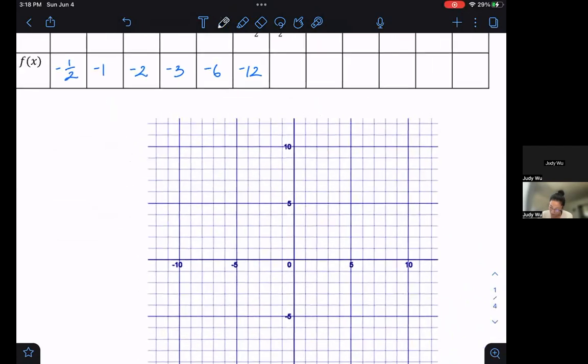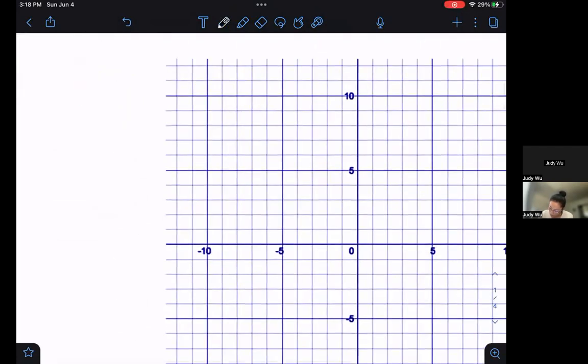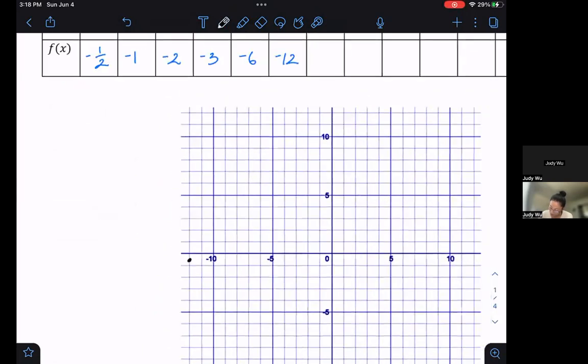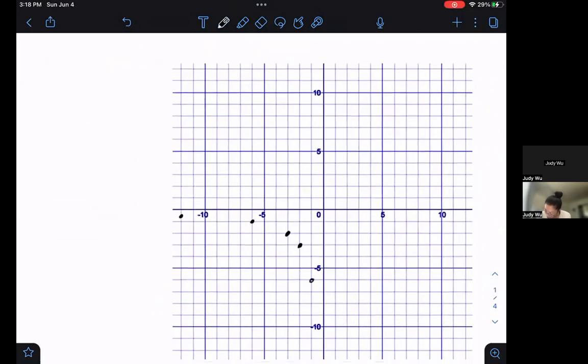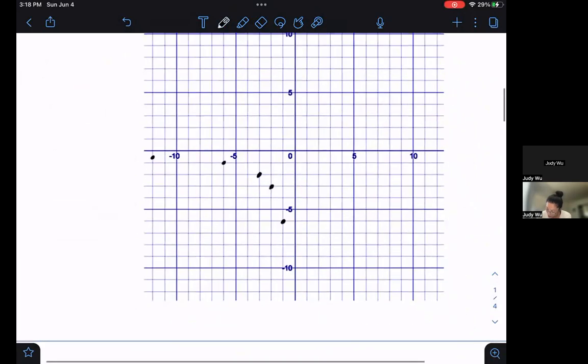All right, so negative 12, negative 1/2; negative 6, negative 1; negative 3, negative 2; negative 2, negative 3; negative 1, negative 6; and negative 1/2, negative 12, all right?